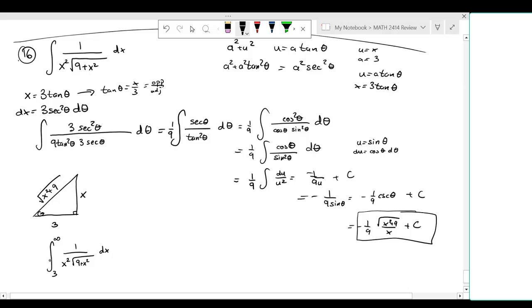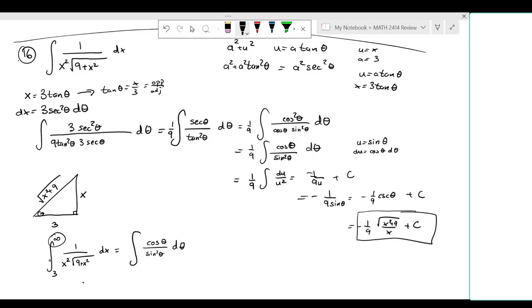So if we were to change bounds, right? We would do the same trig sub, and it's still going to be improper integral because of this. Right, but we would end up with some integral, but what would the bounds be in terms of theta if you had to change them to theta?